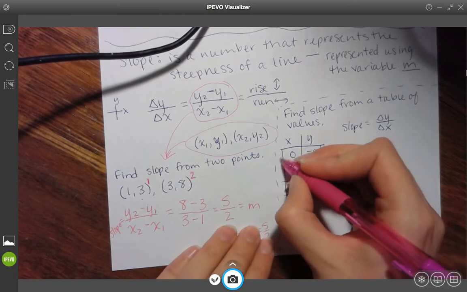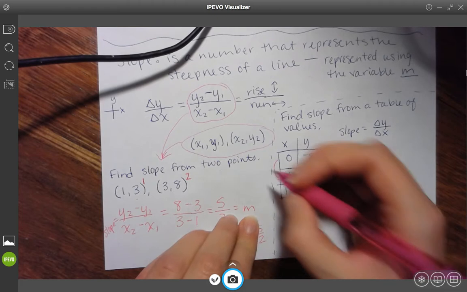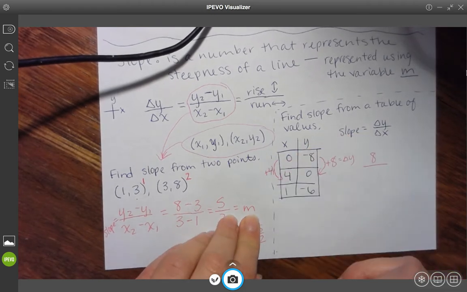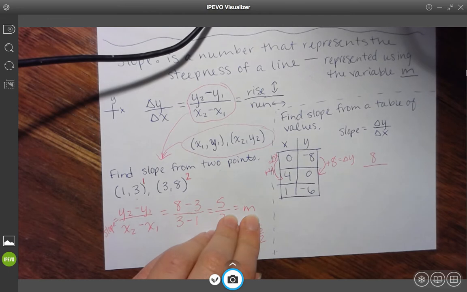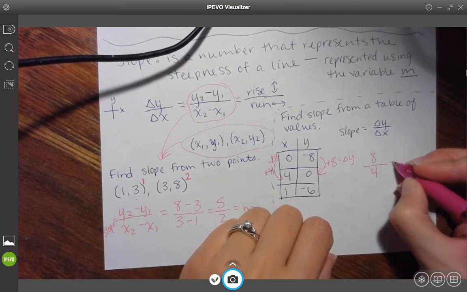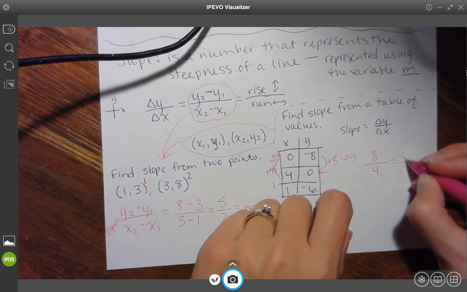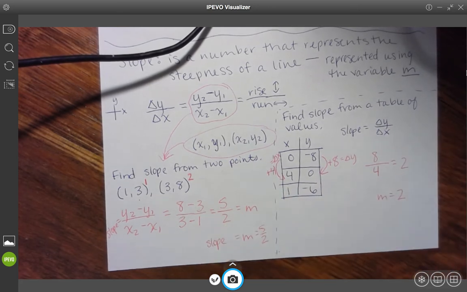Now I look at how I get my change in x's. How do I get from 0 to 4? Well, I add 4. So that would be my change in x. So I put that here. And now I reduce that. 8 divided by 4 is 2. So m, my slope, is 2.